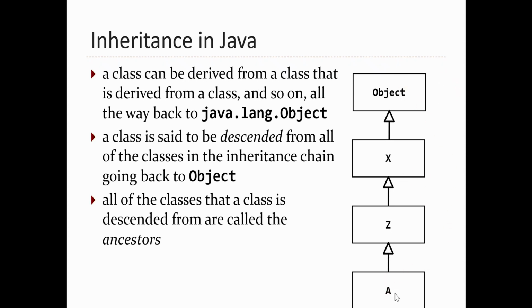A is also derived from X, and A is also derived from Z. The classes above A are called its ancestor classes. So Object is the ancestor class of all classes in Java. Anything below Object would be called its descendant classes. So X is descended from Object, Z is descended from Object, and A is descended from Object.